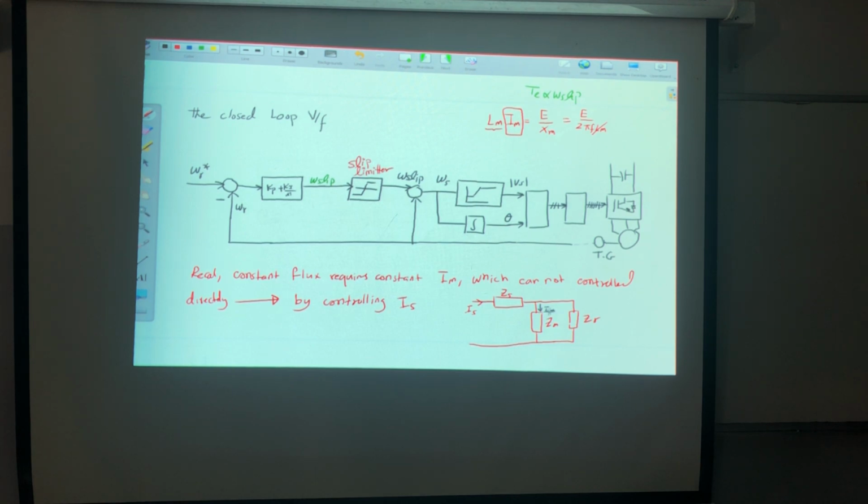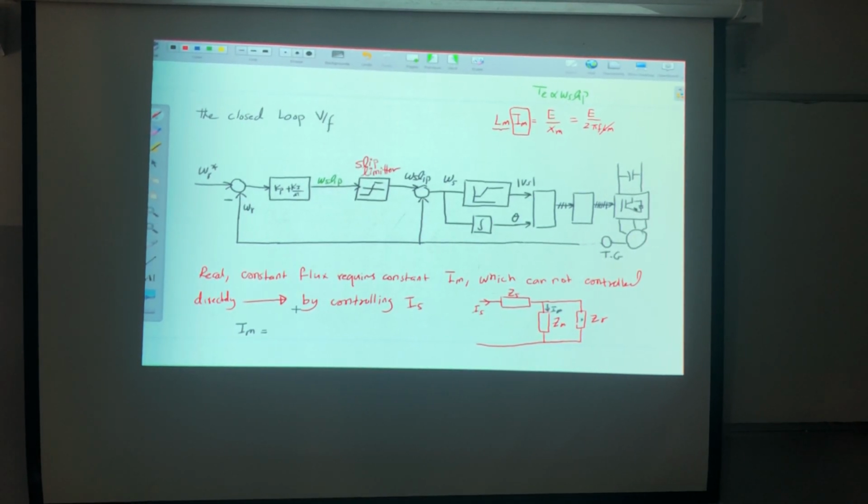Now, what is the relation between Im and Is? Current division, you remember? Ismail, Dahab, can you give me Im in terms of Is? Im is equal to, you see, it's very simple.